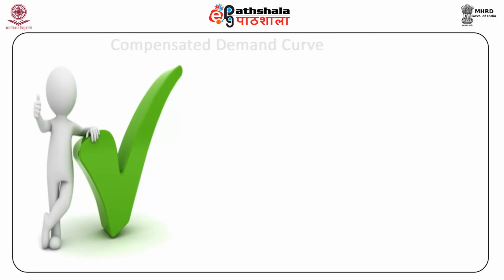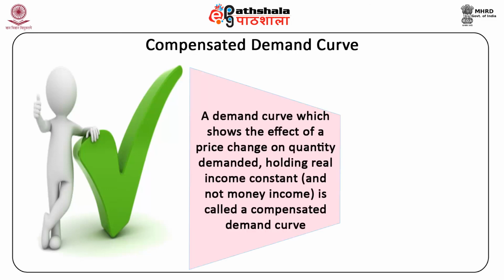But sometimes we are more interested in studying the change in quantity demanded when real income is held constant rather than money income being held constant. Such a demand curve, which shows the effect of a price change on quantity demanded holding real income constant, is called a compensated demand curve.